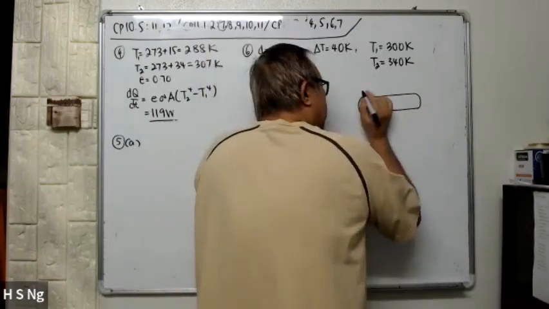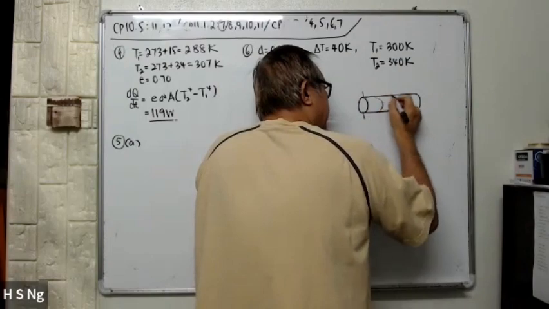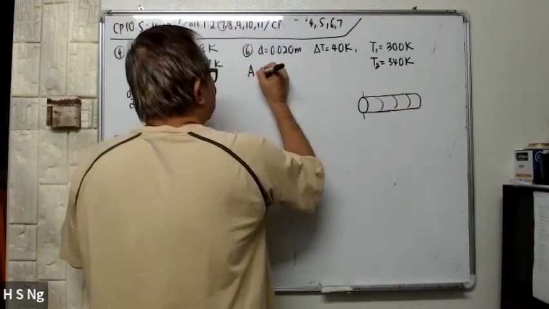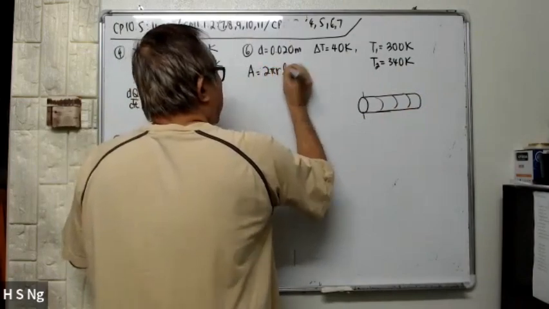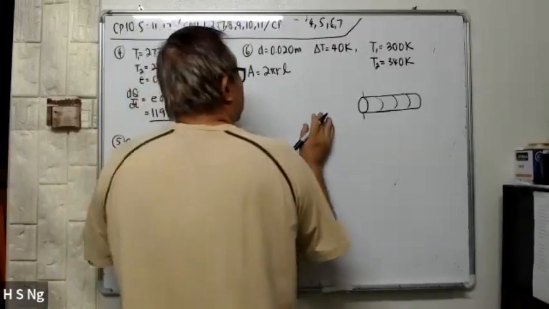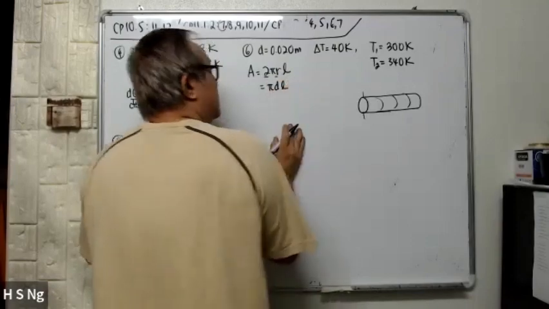No need to consider the ends being connected. So the effective surface is the surface area, which is 2 pi RL. They want per unit length. Now 2R is d, so it's pi dl.